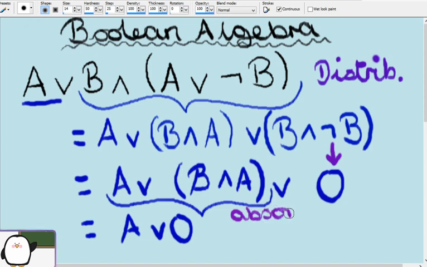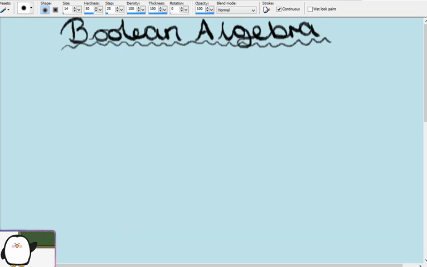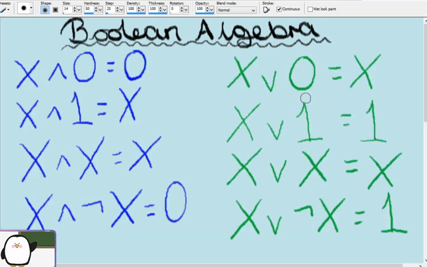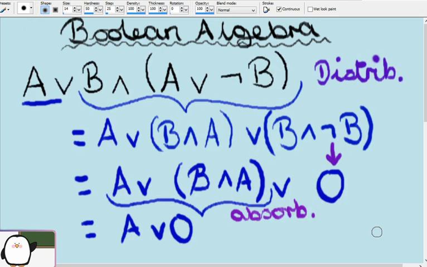So I'm going to write absorb, because that's what's happened. Now we have A or 0. So let's have a look back at our general rules. X or 0 makes X. Therefore A or 0 must make A. And that's our final answer. So a simplified form of A or (B and A) or not B is A.